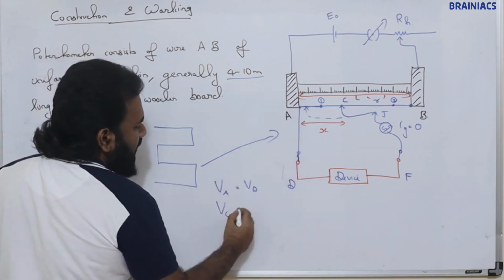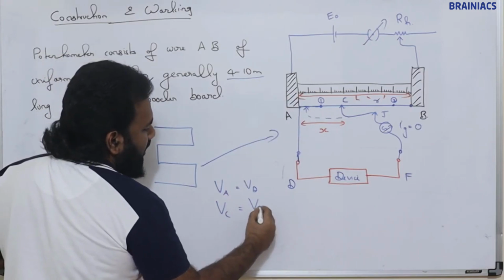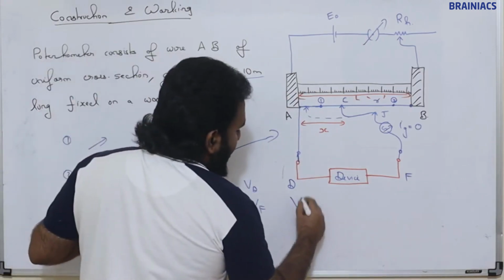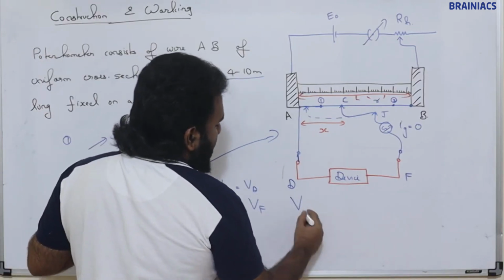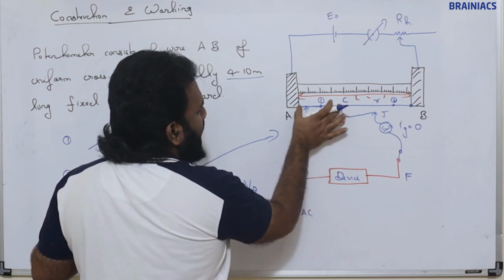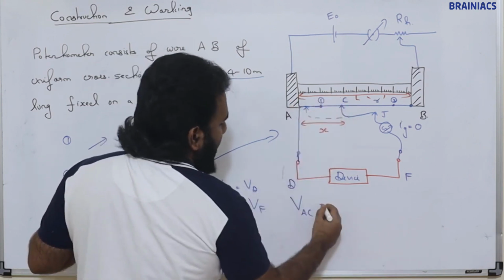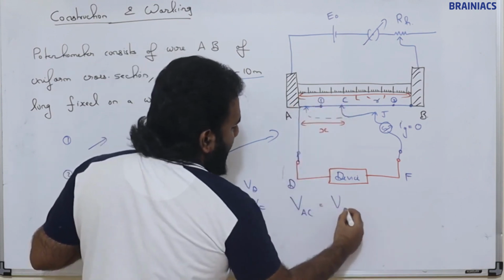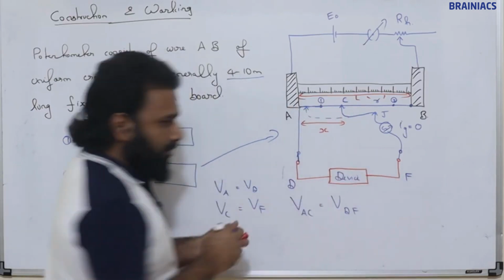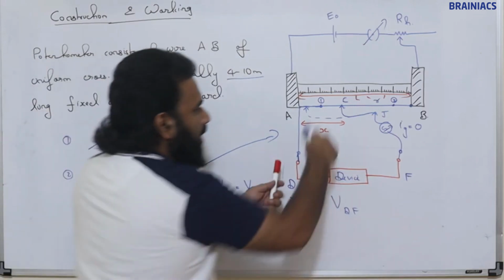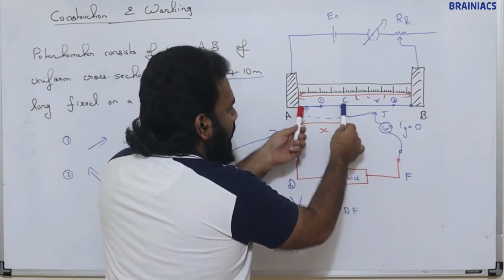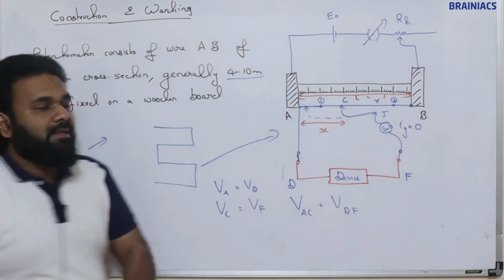Potential at C will be equal to potential at F. Or simply we can say that the potential across AC, that is, across the terminals A and C, will be equal to the potential across the terminals D and F. So no current in this circuit says that this potential must be equal to this potential. Clear? That is the working.